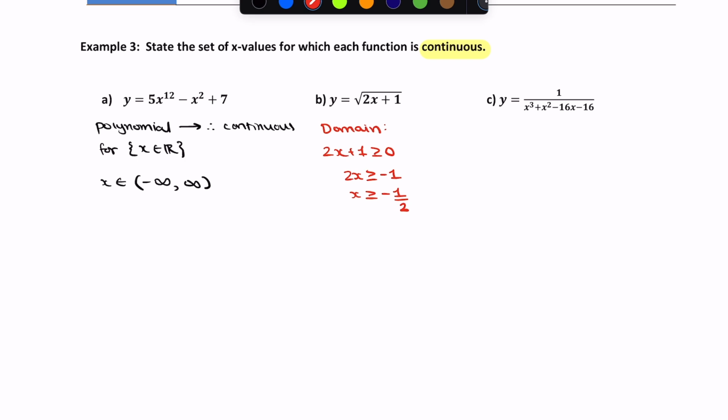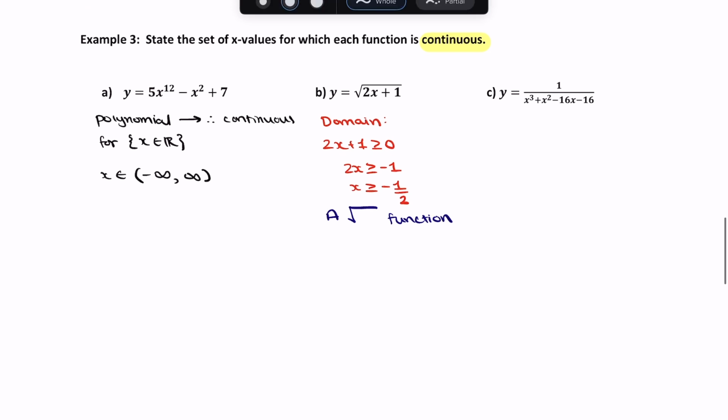So here we can write a note. A square root function is continuous for all x values in its domain.